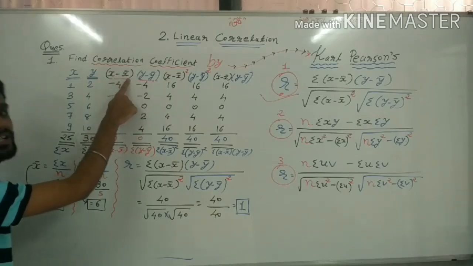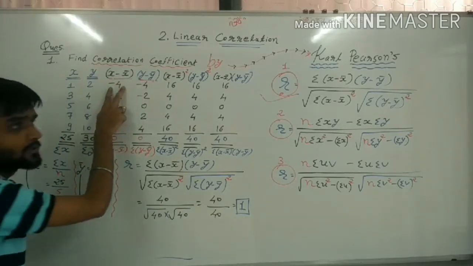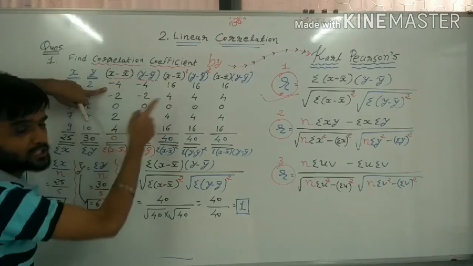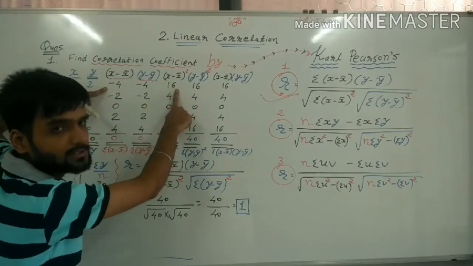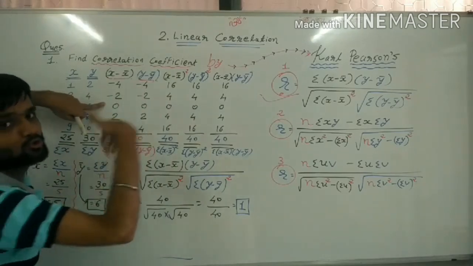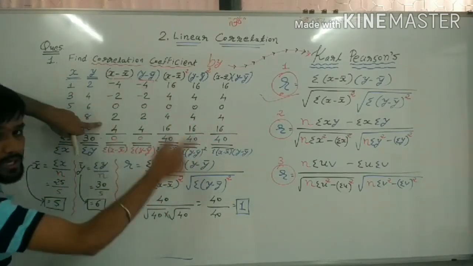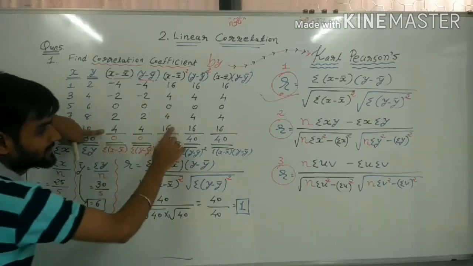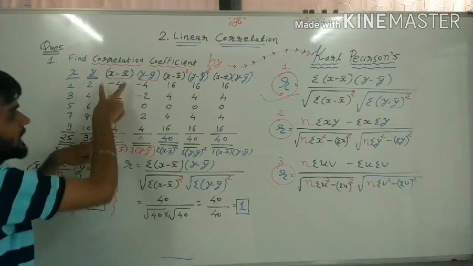Here x minus x bar is minus 4, and we are finding its square. Minus 4 into minus 4, the answer is 16. Minus 2 square, 4. 0 square, 0. 2 square, 4. 4 square, 16. In this way, we can find the square of x minus x bar.